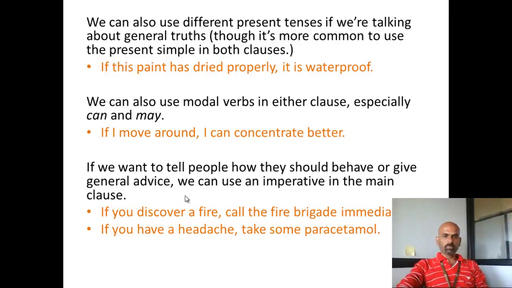Example: if you discover a fire, call the fire brigade immediately. Here, call the fire brigade immediately is an imperative sentence. Normally, one type of imperative sentence starts with an action verb. We may call it imperative, otherwise we can call it instructions also. Here it gives you the instruction.